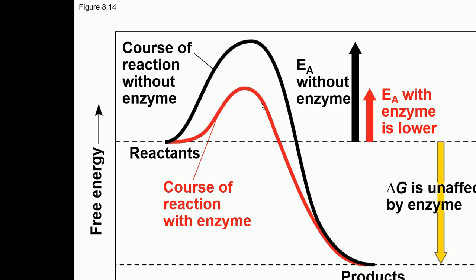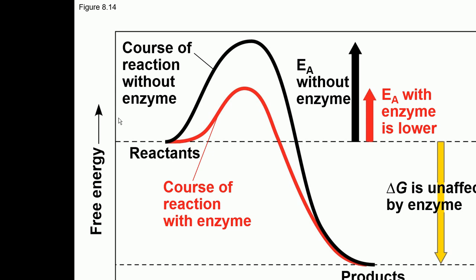Another important thing to know about enzymatic reactions is that, first of all, they lower the activation energy, but they do not do anything to the value of delta G. Now, what is delta G? If these are the reactants and these are the products, this much energy is the free energy of the reactants, and this much energy is the free energy of the products. Delta G is the free energy of the reactants subtracted from the free energy of the products, right?